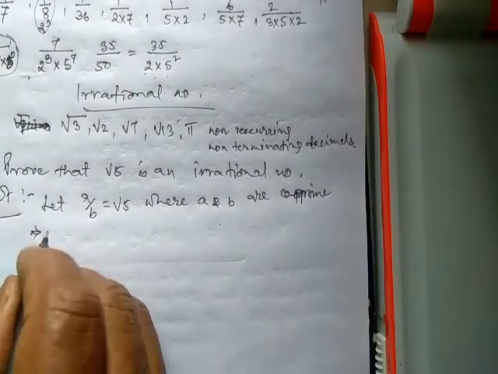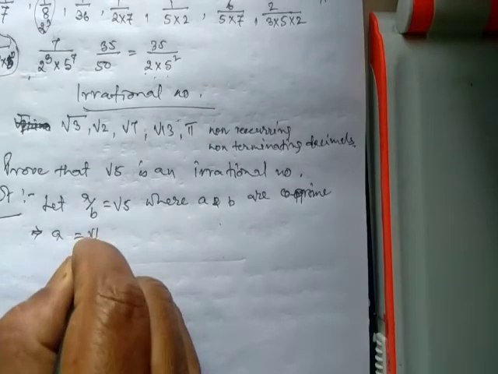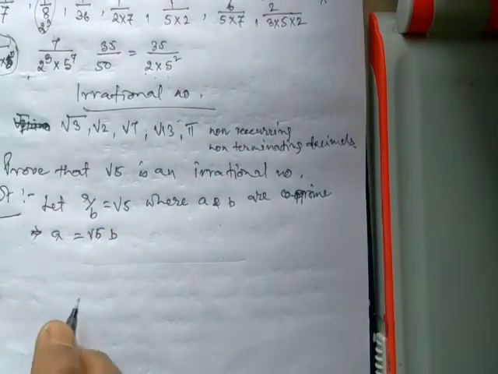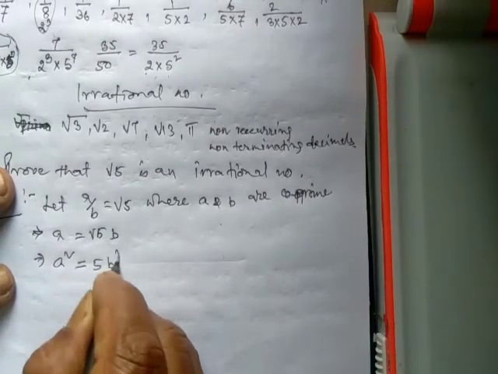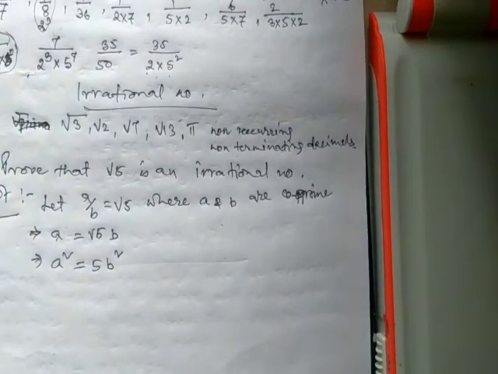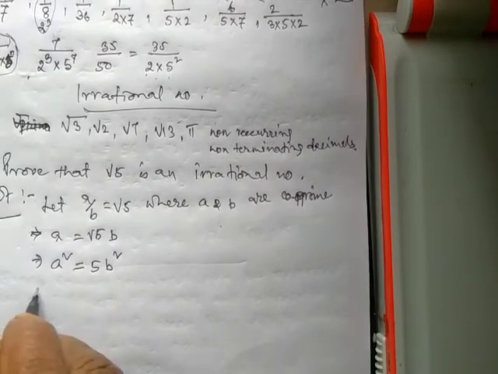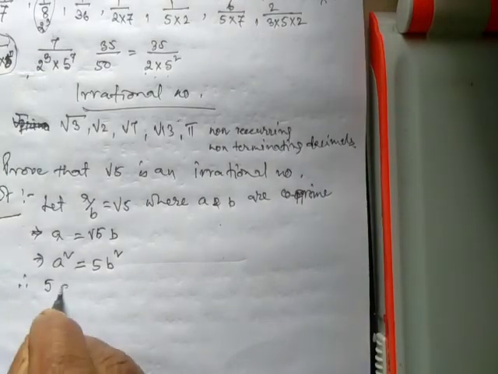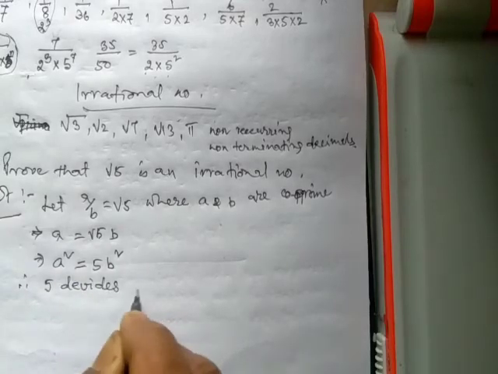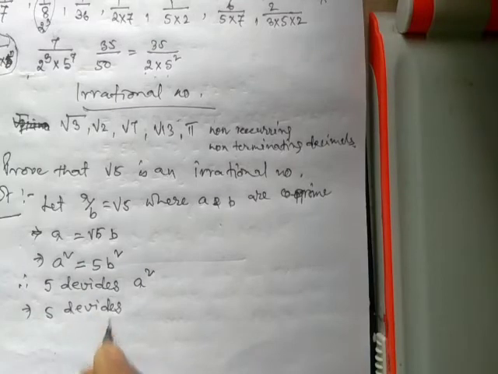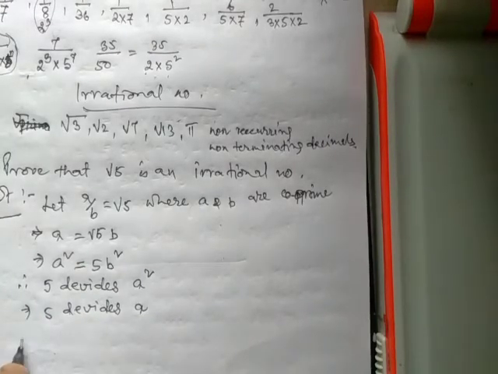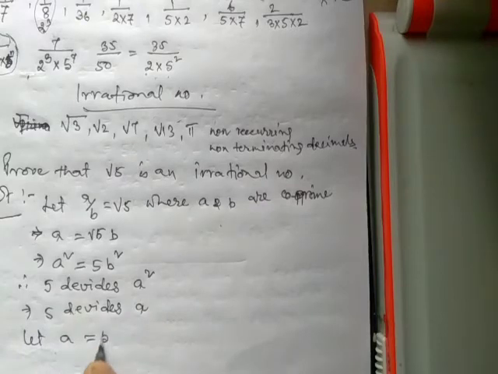This implies a is equal to root 5 b. This implies a square is equal to 5b square. Therefore, 5 divides a square. This implies 5 divides a. Let a is equal to 5c.